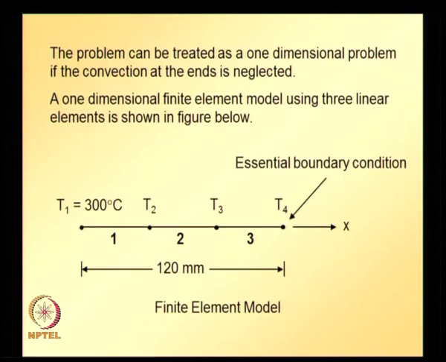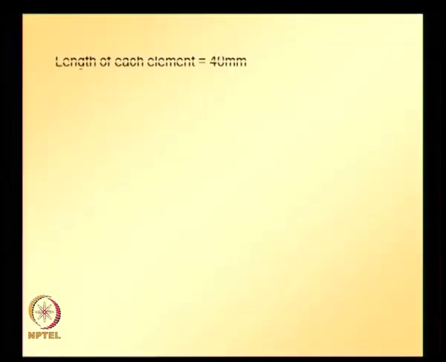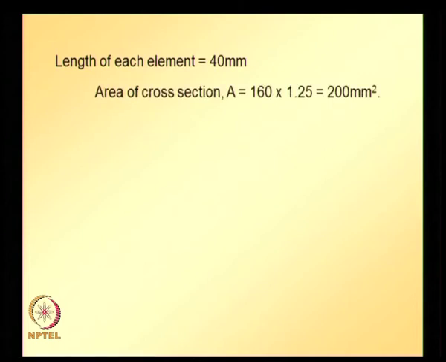So, now let us look at each of the elements. Length of each element 40 millimeters, area of cross section 160 multiplied by 1.25 millimeter square.